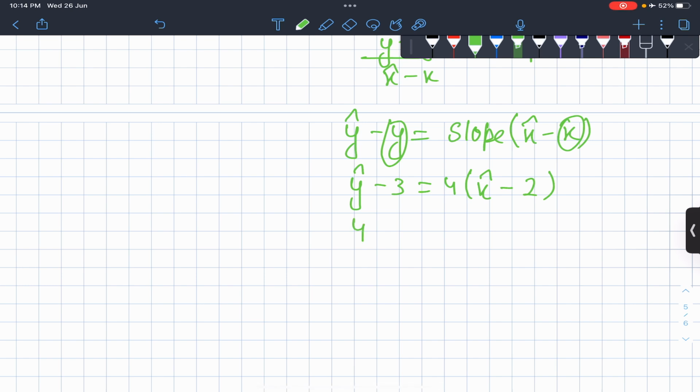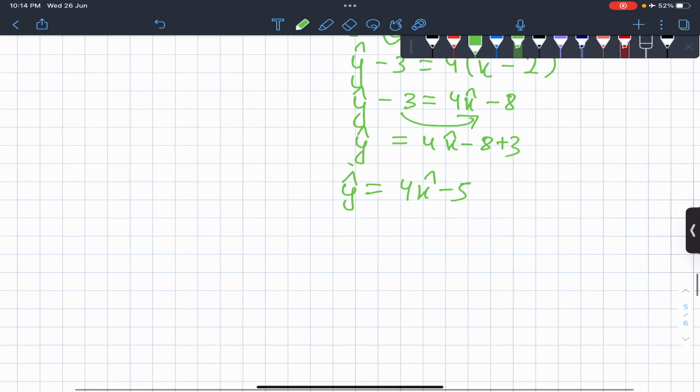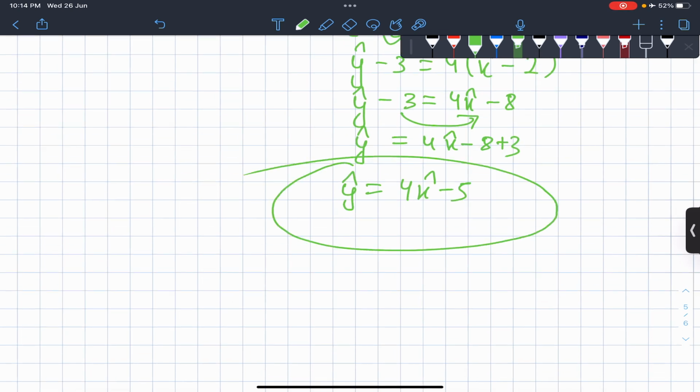Now y hat minus 3 equals 4 times x hat minus 8. So y hat, we will just take this to the right hand side, minus 8 plus 3. So y hat is nothing but 4x hat minus 5. And this is how we generalized the formula. This is how we created a formula for a linear graph.